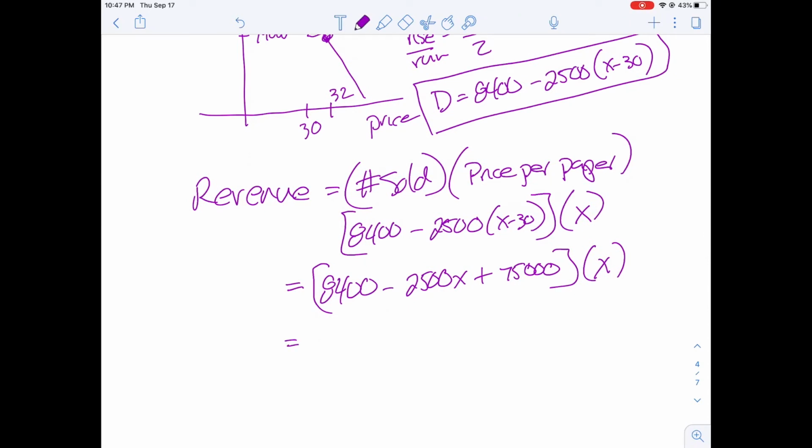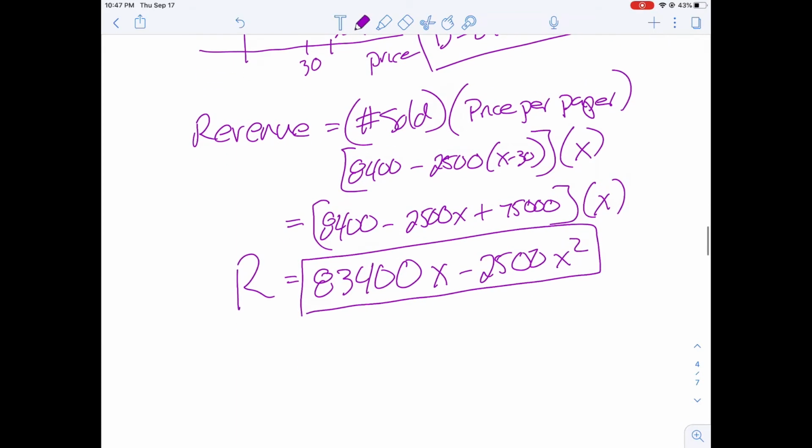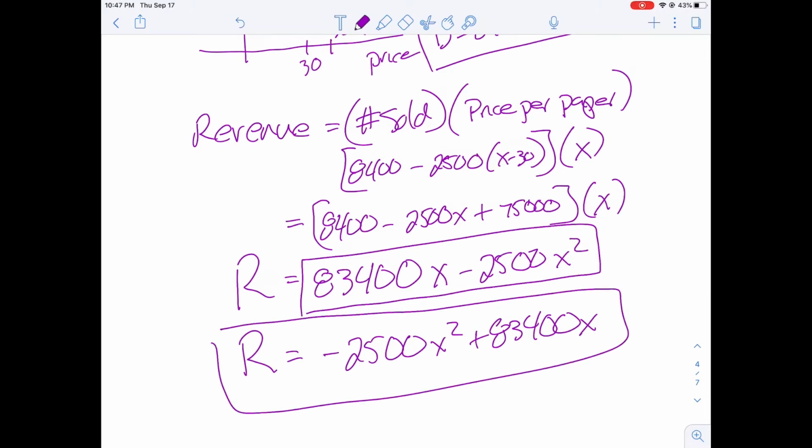So we can make that a little bit nicer and get 84,000 plus 75,000 is 834,000... the x coefficient is 83,400 x minus 2,500 x squared. So there is where we have our quadratic formula for revenue. And if we write that in the standard form, revenue is minus 2,500 x squared plus 83,400 x.